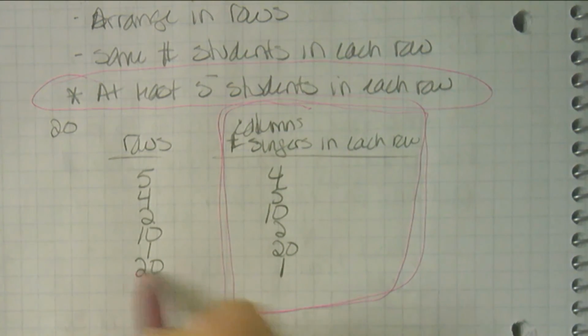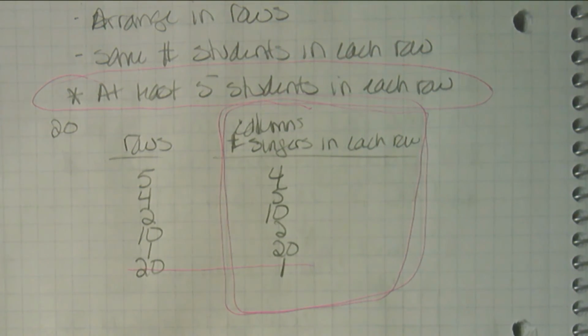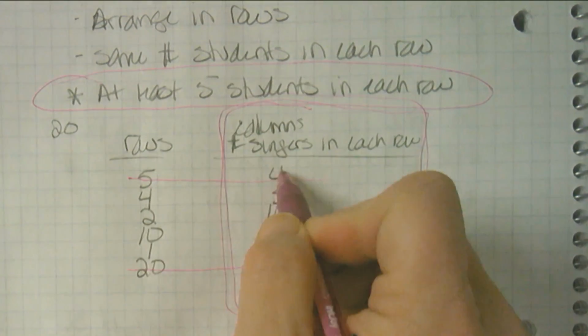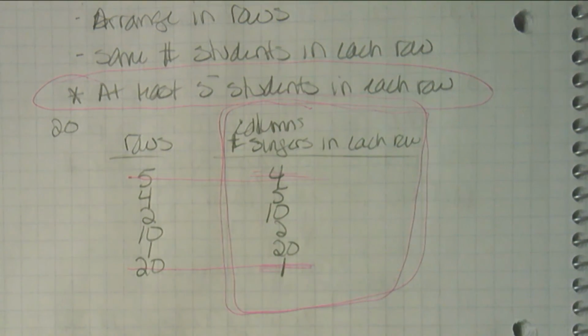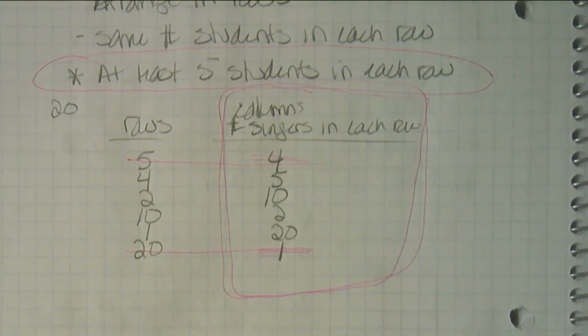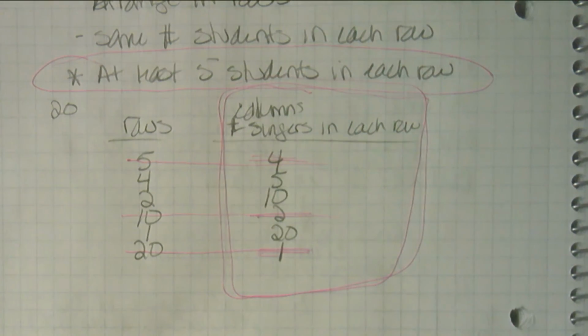This one doesn't, because there's only 1 student in a row. I'm just going to cross that out lightly. What other ones don't meet it? Alex? 5 and 4. There's not enough students because I can't have 4 students, can't have 1 student. Is there any more? Kira? 10 and 2, because I can't have 2 students. I'm going to lightly cross that out.